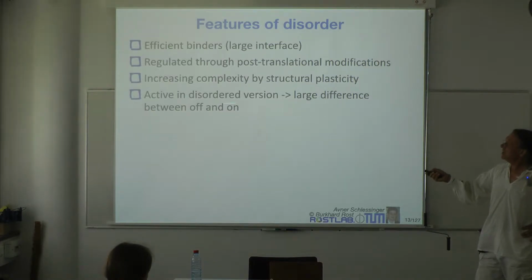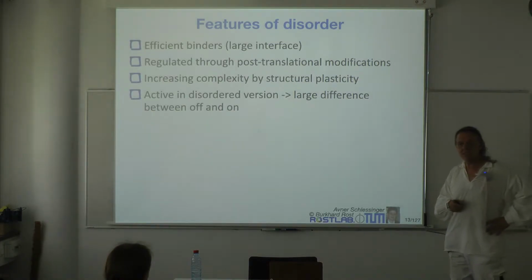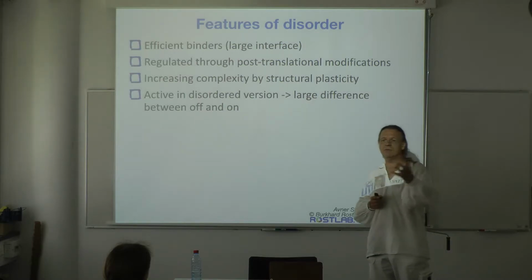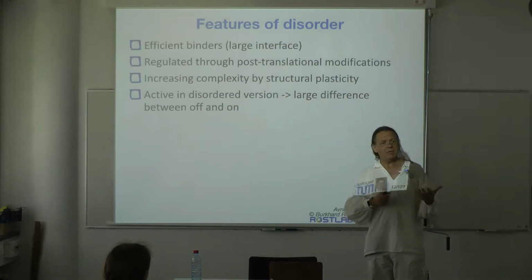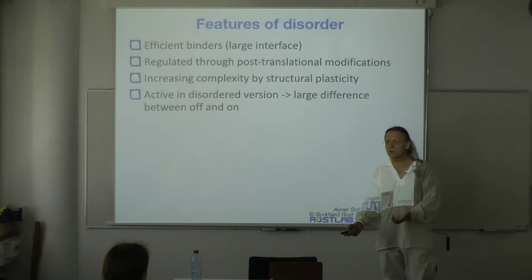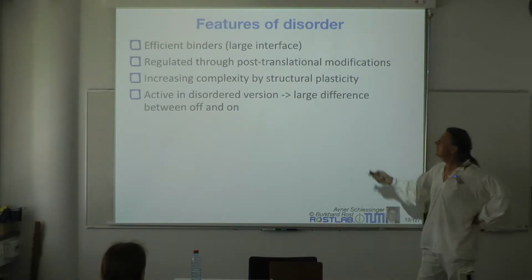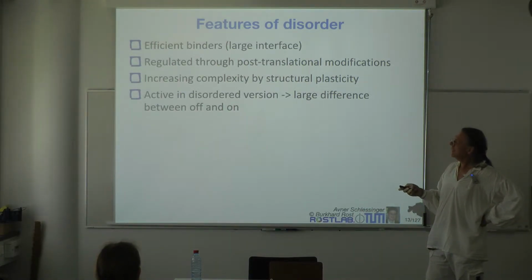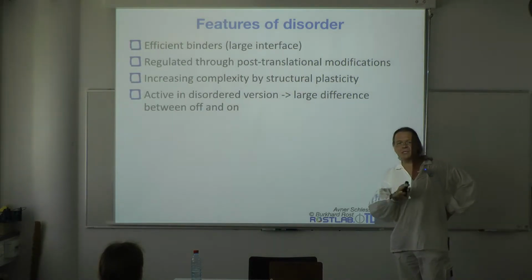You can increase complexity by plasticity, meaning essentially you have two different ways of binding, and that means that instead of binding only one molecule, you can bind two, and that increases the complexity. And you could sort of have a model in which you have different states.